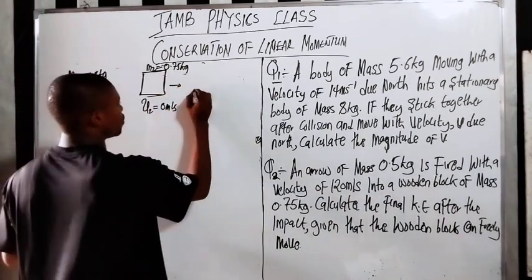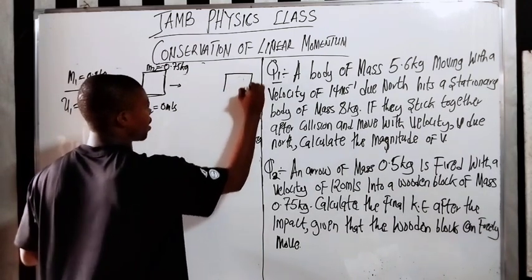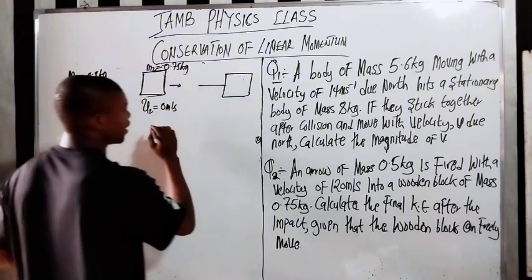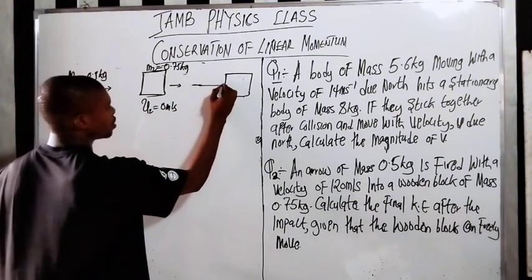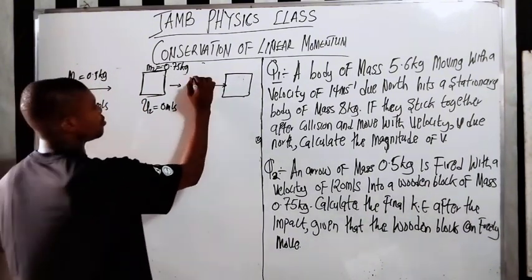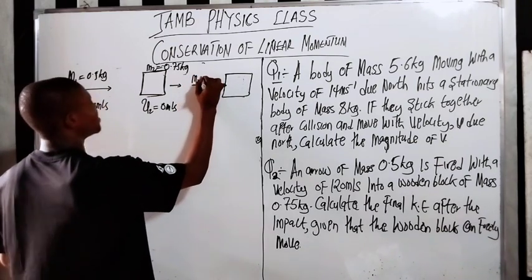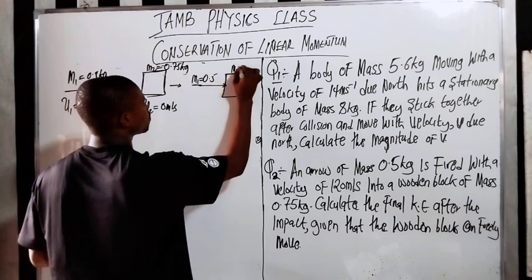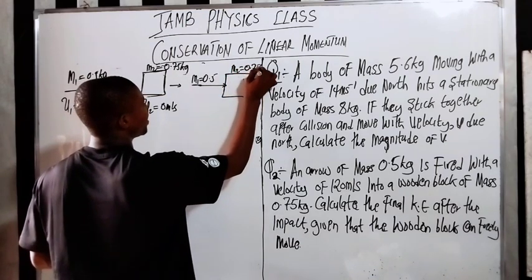This is the wooden block here, right? And the arrow hits it because it's fired towards the wooden block. So the arrow is still M1, which is 0.5, right? The wooden block is still M2, which is 0.75 kg. Do you understand?